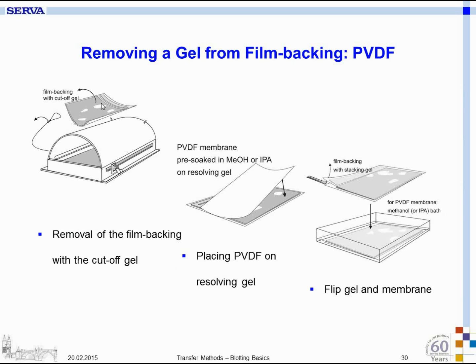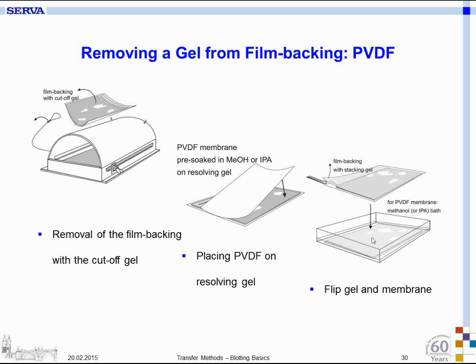You pull through between the film backing and the gel with a wire, then you take this together, place it on the bench, put a PVDF membrane just on the area of the separation gel, then you flip it around, and with a spatula you can now remove the film support together with the stacking gel from the separation gel.